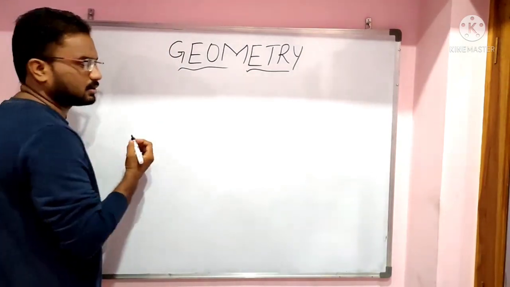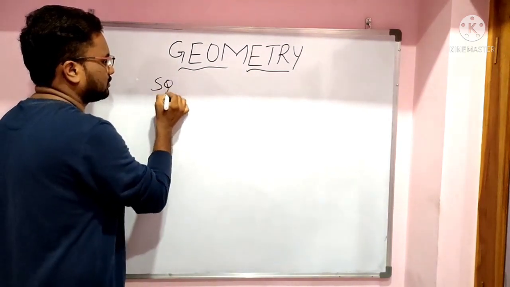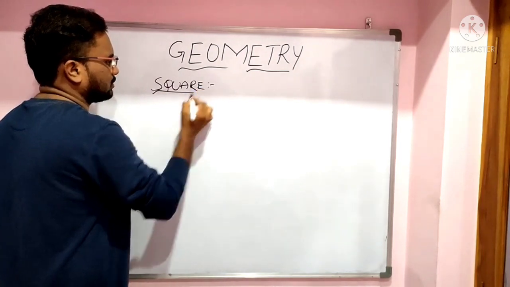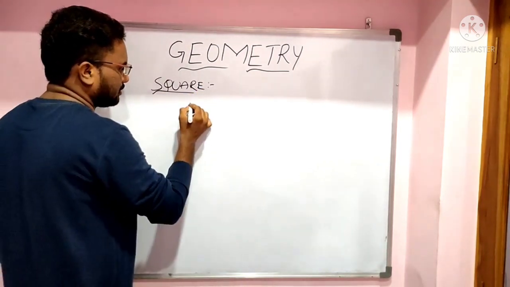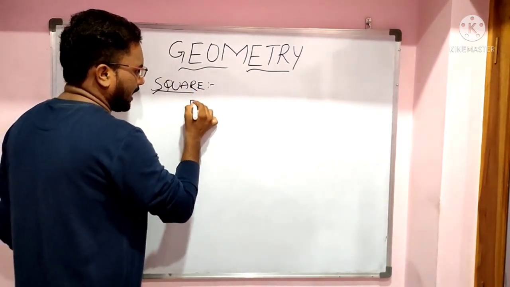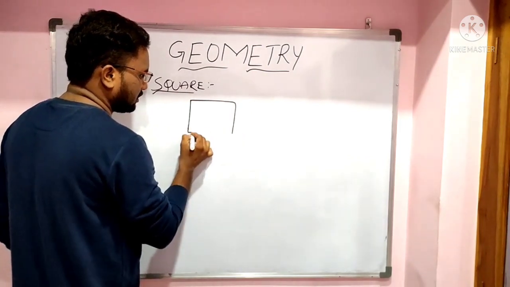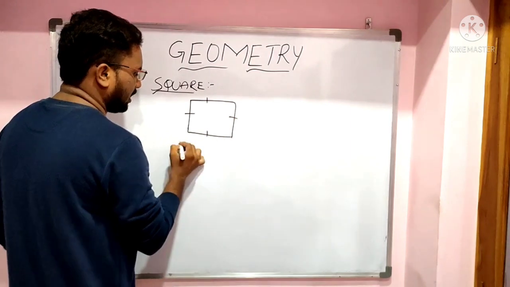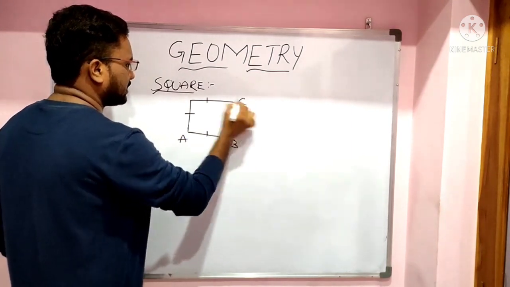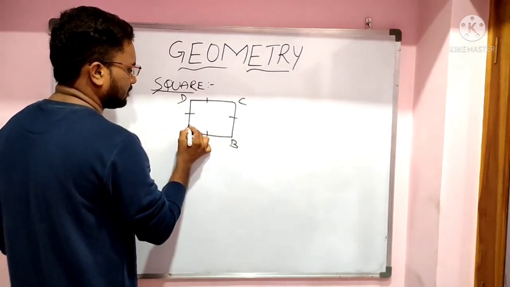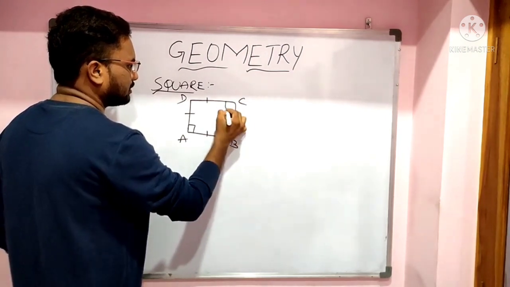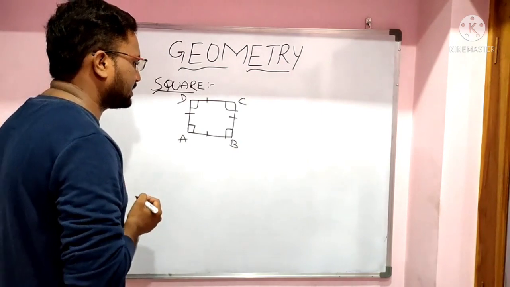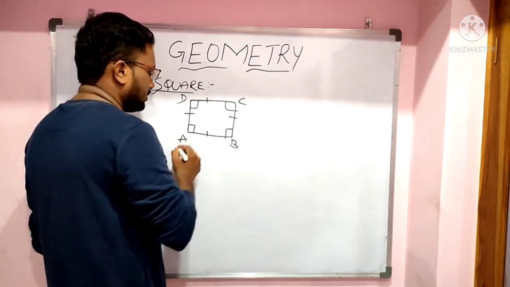Next one, square. So what is a square? In a parallelogram, if all sides are equal and each angle is 90 degrees, then it is called a square.